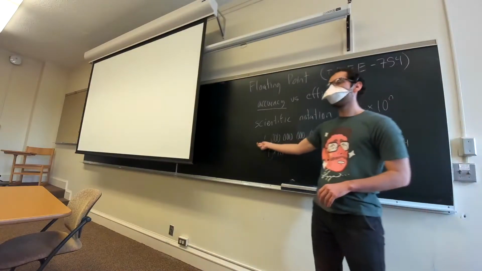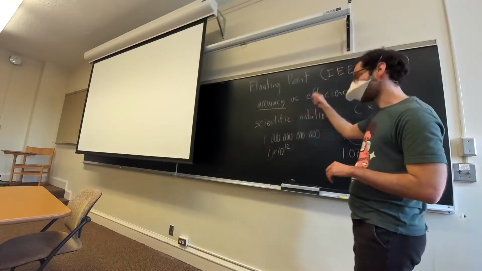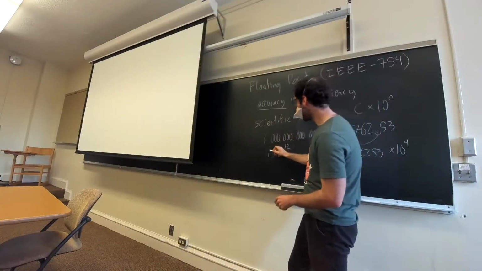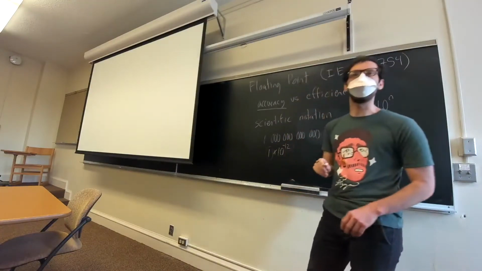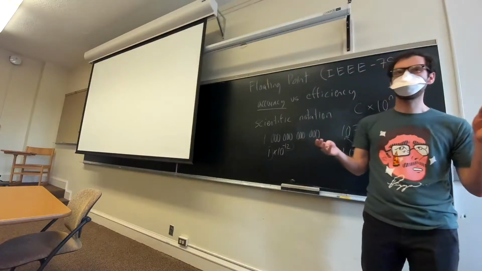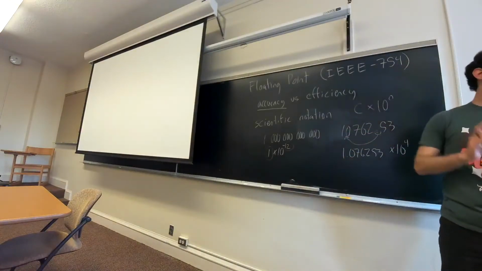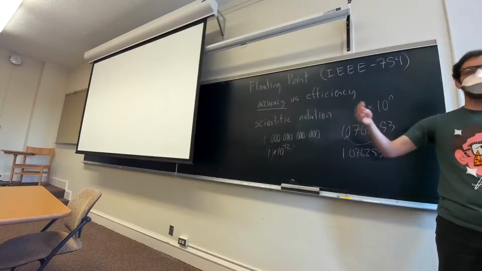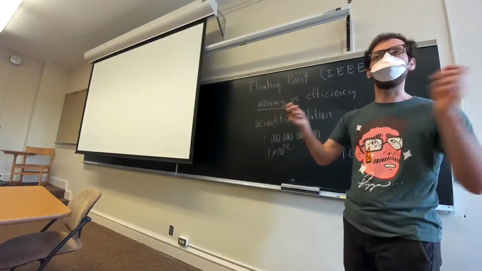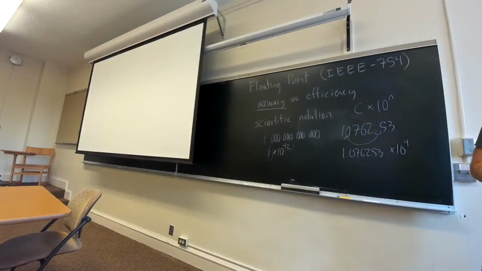Similarly, for 0.000000000001, I could say 1 times 10 to the negative 12, which represents a much, much smaller number. Since part of the goal of floating point is to represent not only real numbers, but a huge range of numbers, both very small and very large, scientific notation is very useful for that.